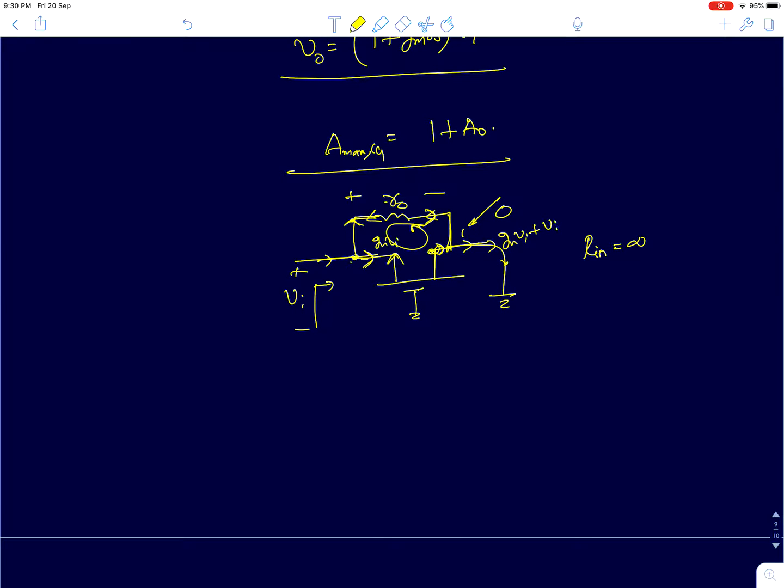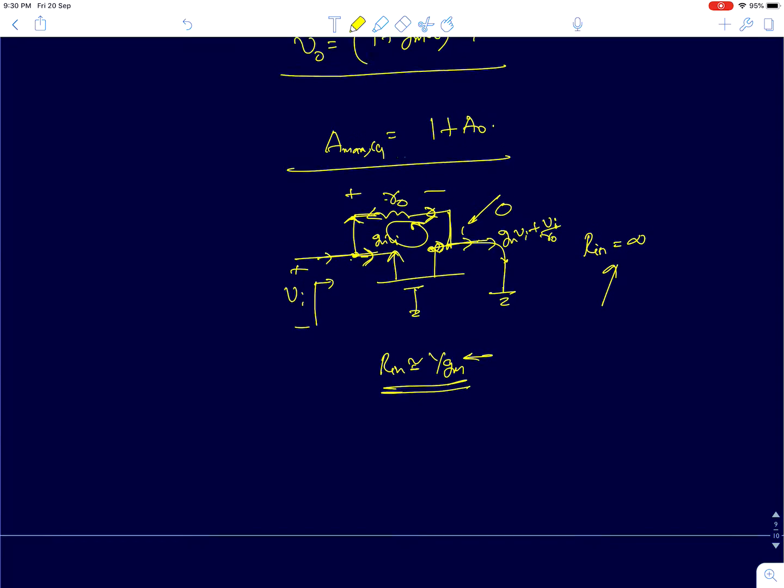So you will actually have a current of vi/R0. So 1/gm will appear in parallel with R0. Currents are adding up, so they both are in parallel. So you can treat it as 1/gm parallel R0. So your Rin will be approximately equal to 1/gm. So now you see the value of Rin changes from 1/gm to infinity as you vary your RL from 0 to infinity. So it's a strong function of the load resistance.